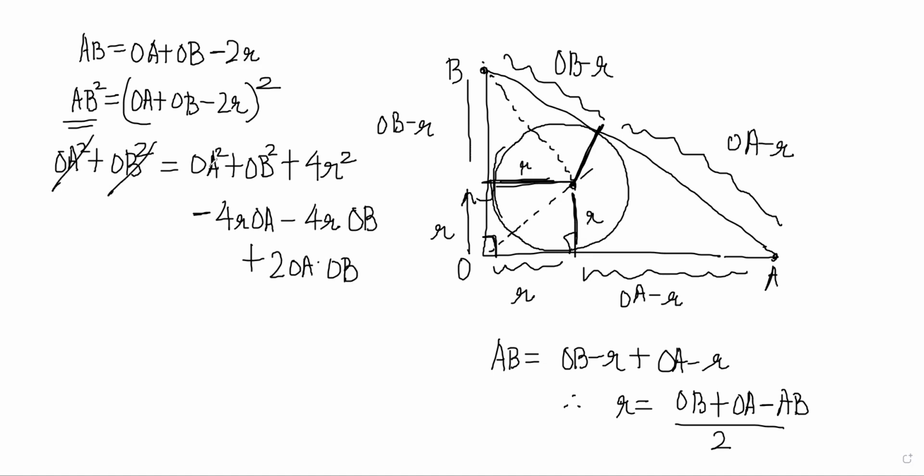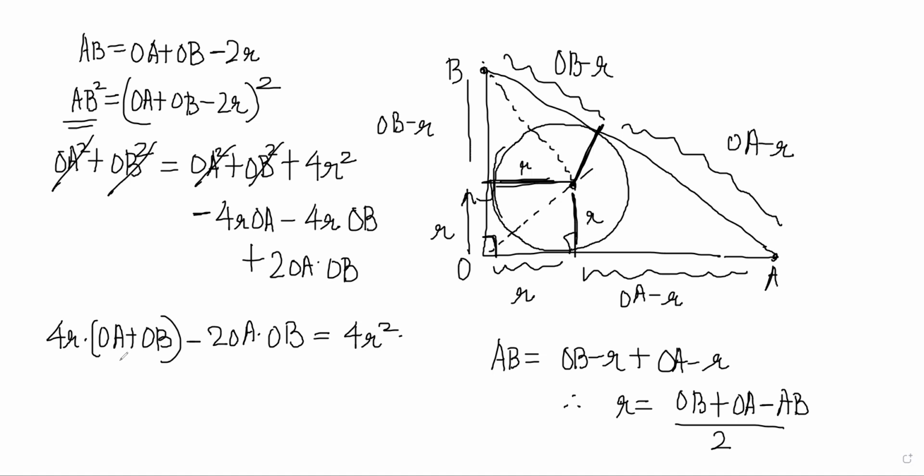So OA square and OB square get cancelled from both sides. And what we have is this result: 4R times OA plus OB minus 2 OA OB is equal to 4R square, right?